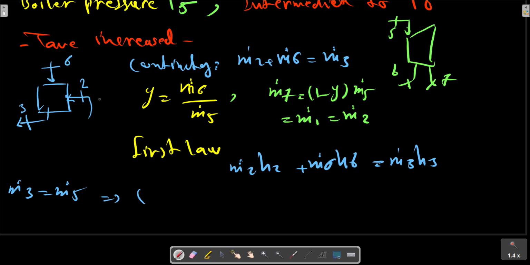We have this expression as m dot 5 h2 times one minus y plus y m dot 5 h6 equals m dot 5 h3.